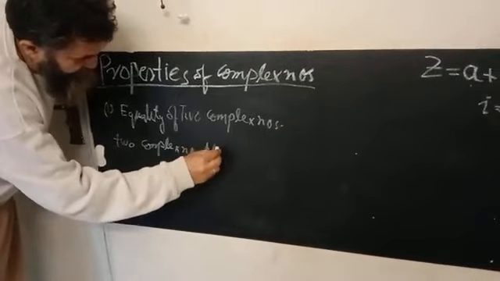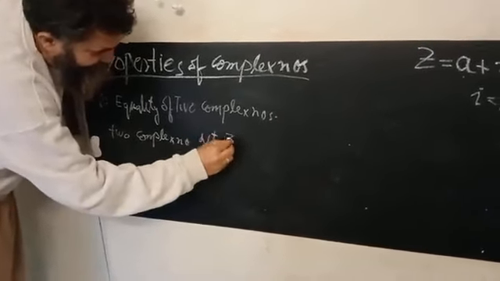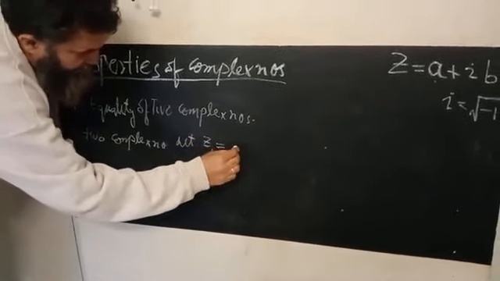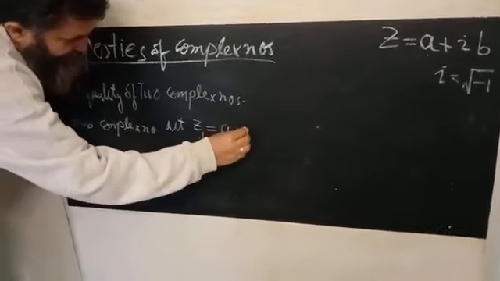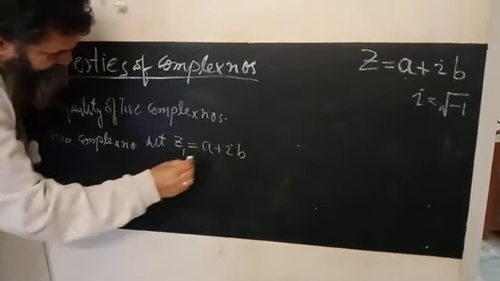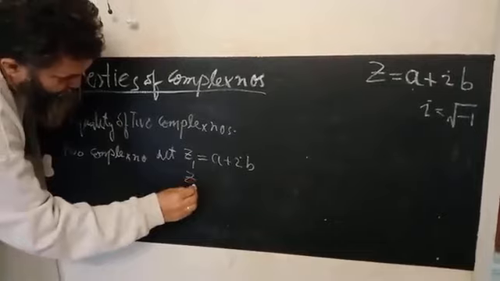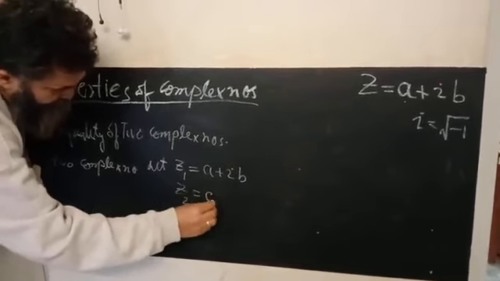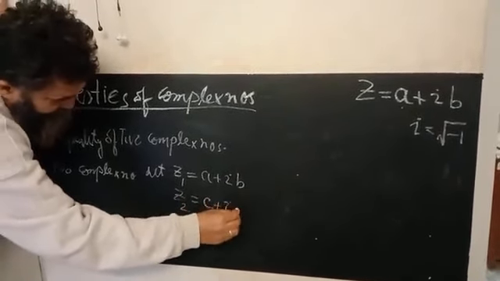Let we have two complex numbers: the first complex number z1 is equal to a plus iota b, and the second complex number z2 is equal to c plus iota d.